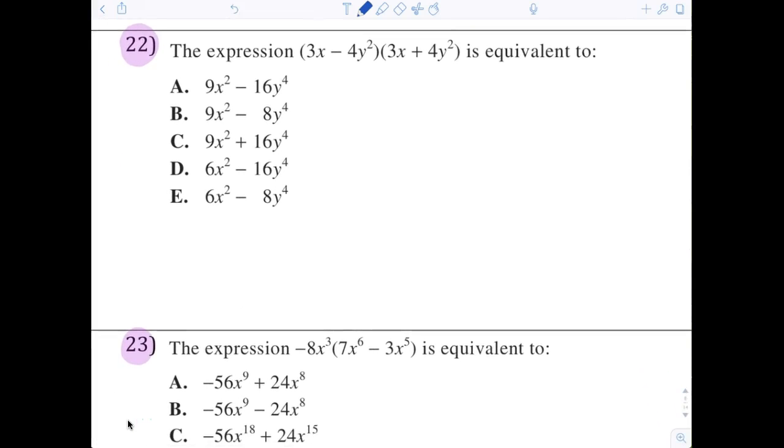Everybody in here should be able to just tell me what 22 is. First of all, is there a middle term? No, because it's the difference of squares. What is 3x times 3x? 9x squared. So the answer is not D or E. Now, when I multiply a negative times a positive, I'm going to get a negative.